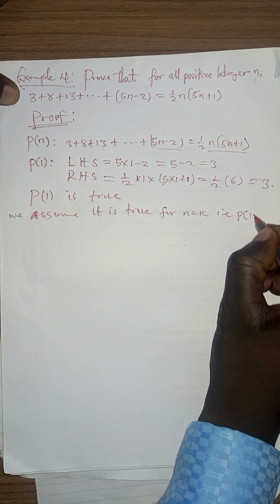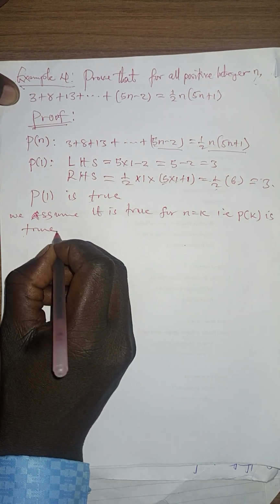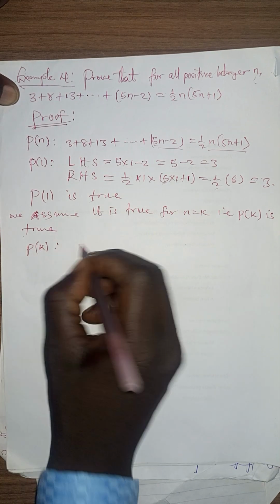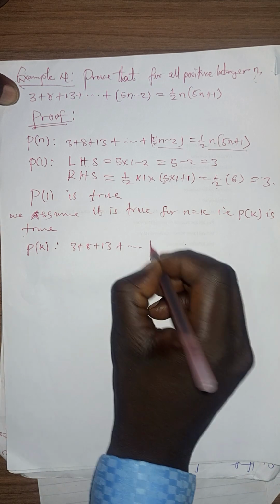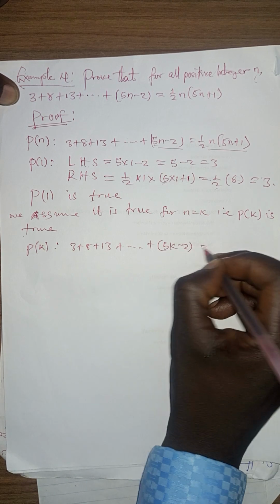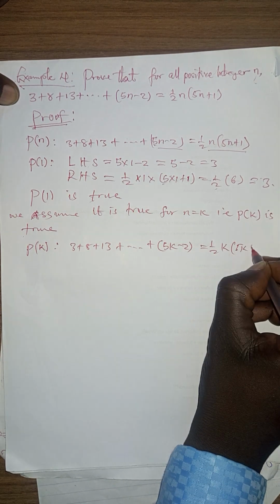That is, we say p of k is true. And what is p of k? p of k is when n is equal to k. We have 3 plus 8 plus 13 plus up to plus, instead of n, we say 5k minus 2, which is equal to half of k into 5k plus 1.